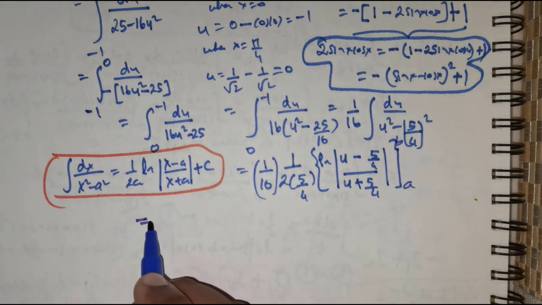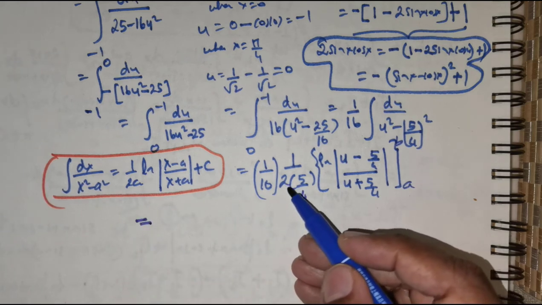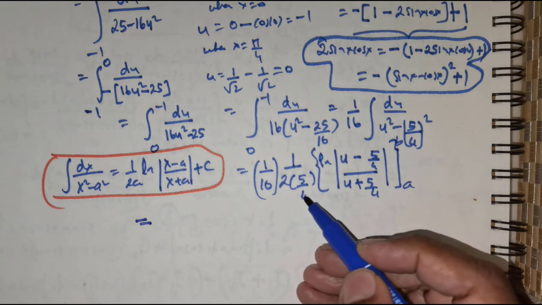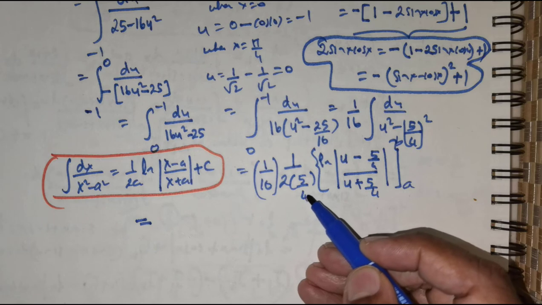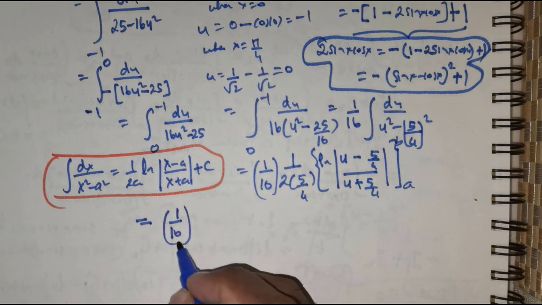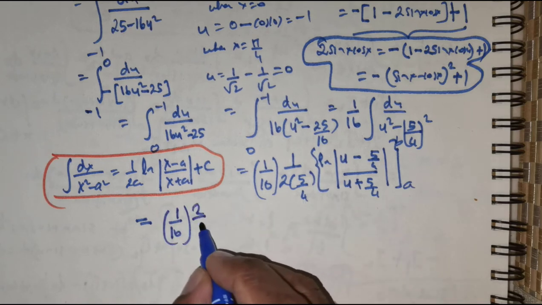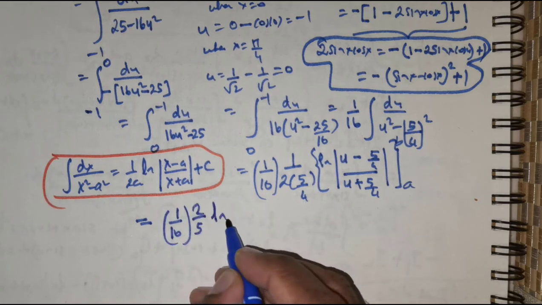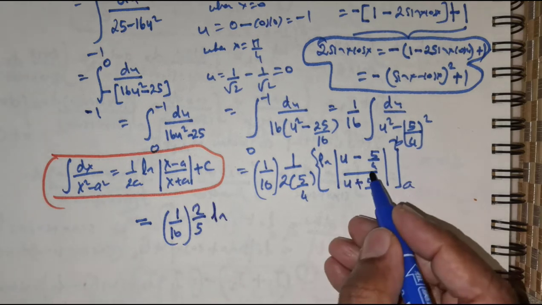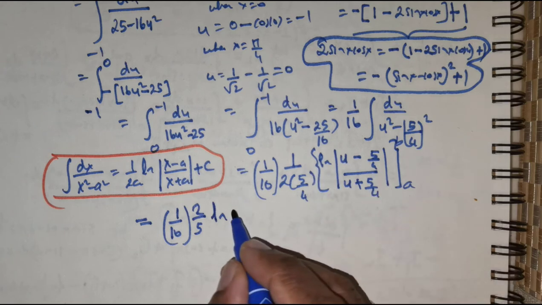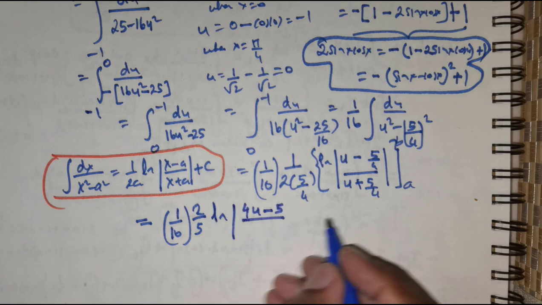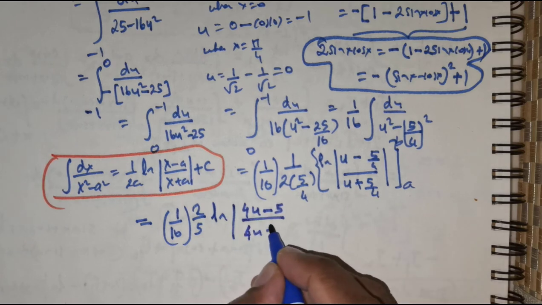So this is equal to, now if you were to flip this, right, 2 can divide 4 two times, so this is going to be 1 over 16 and 2 over 5 times ln of, I can now simplify this, so it's going to be 4u minus 5 divided by 4u plus 5.